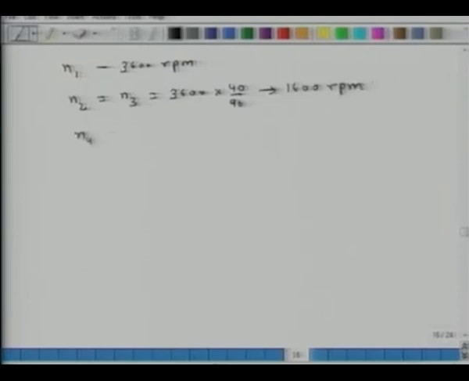N4 is 1600 times 44 over 86, that gives me 818.7 RPM. Okay. So now I have figured out RPMs of different gears.